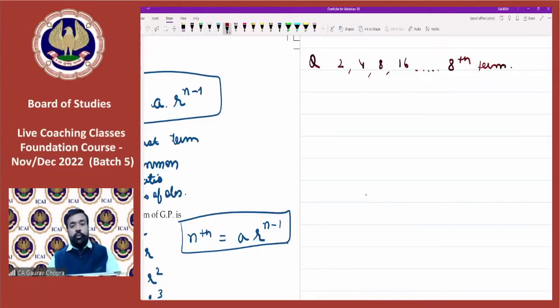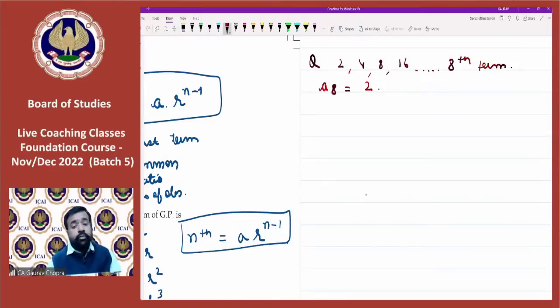So let us calculate A8. What is the first term? First term is 2. What is the common ratio? We have to divide second by first. 4 upon 2 is 2, 8 upon 4 is also 2, 16 by 8 is also 2. Since the ratio is common, it is a geometric progression, and r is equal to 2.